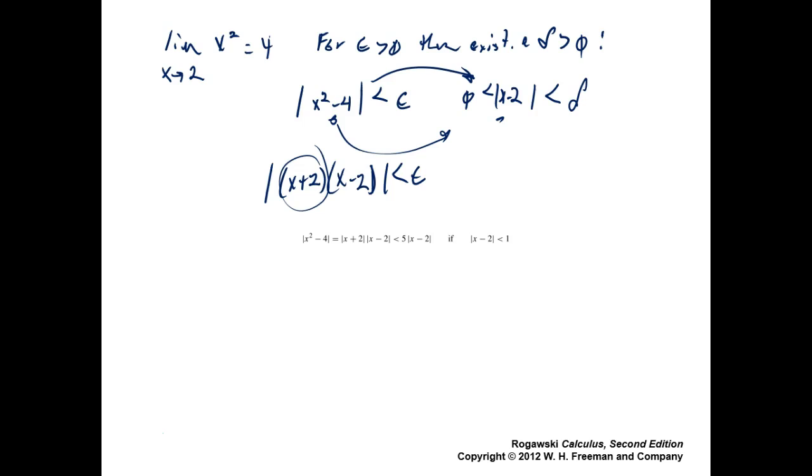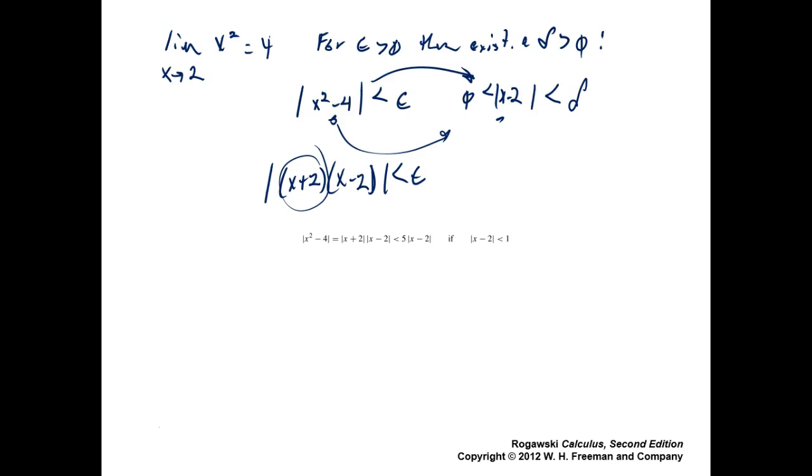So because we're going to require that the x minus 2 be small, we may as well assume, and this is where it sort of gets you, assuming. In the Navy, we used to have a saying for that. We won't go into that now. But we assume at the outset that x minus 2 is less than, say, 1.